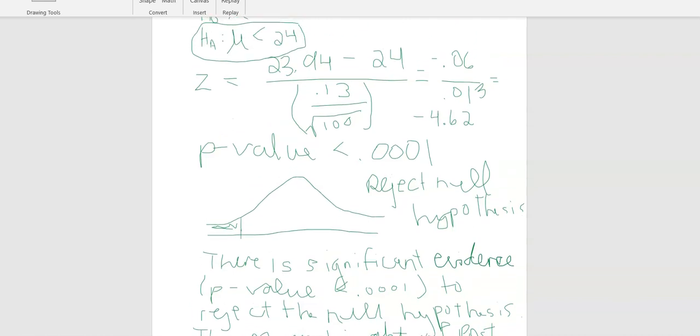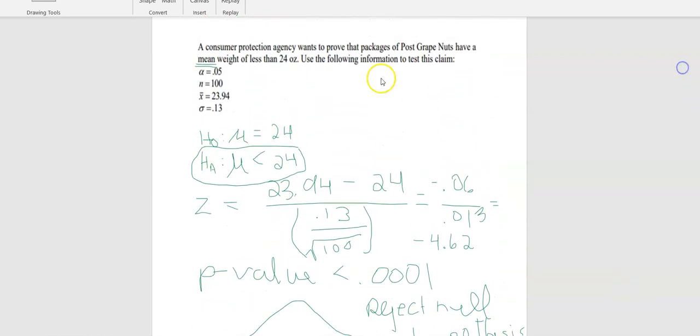So notice our steps. We came up with our alternate, usually from a statement that's in our question. Our null hypothesis is always, whether it's mean or proportions, we'll look at proportions soon, equal to whatever this is in the alternate. We do our test statistic with the data that we're given.